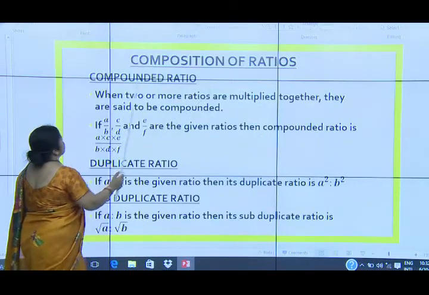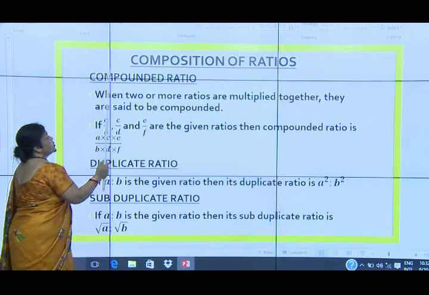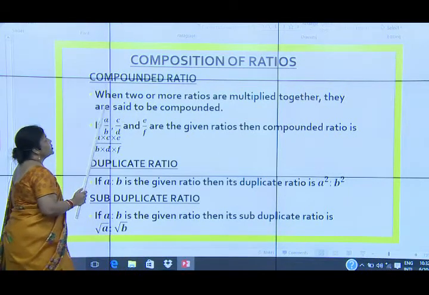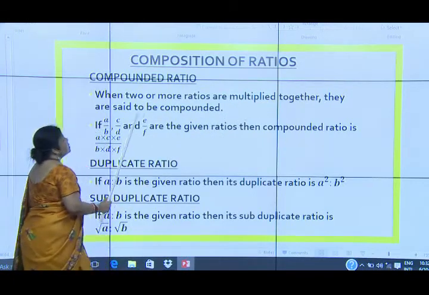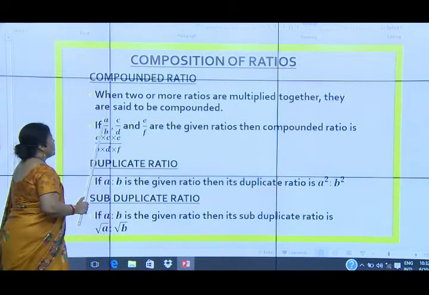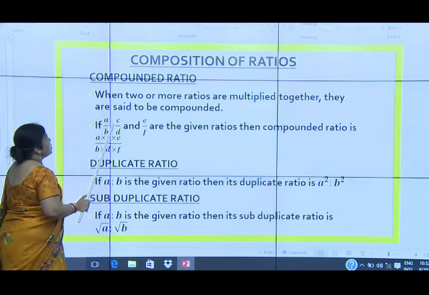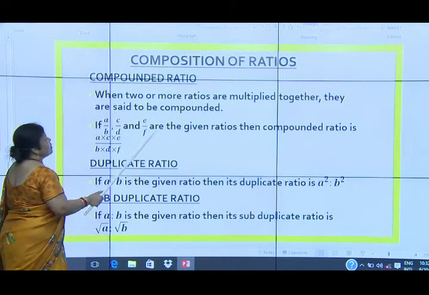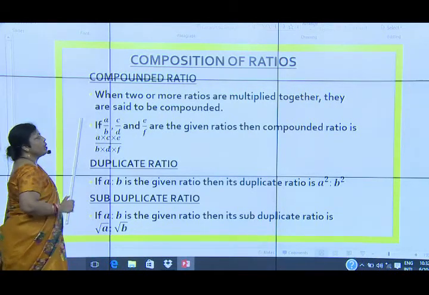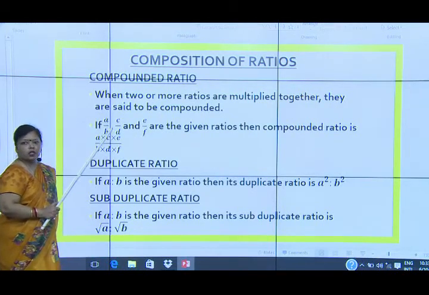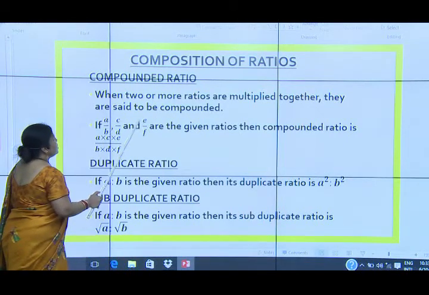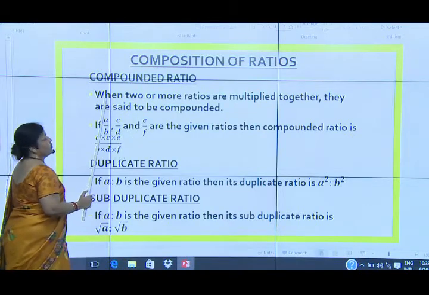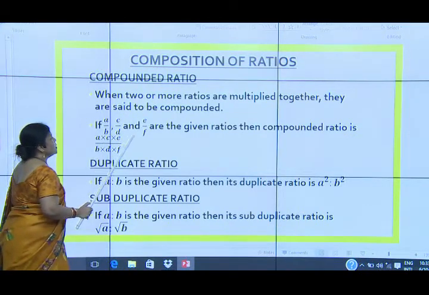Composition of ratios. Now, compounded ratio. Children, first is the compounded ratio. When two or more ratios are multiplied together, they are said to be compounded. Like if A upon B, C upon D and E upon F are given ratios, and it is asked to find the compounded ratio of these three ratios, then we will multiply the numerators, means all the first terms of the ratios will be multiplied and the second terms will be multiplied.